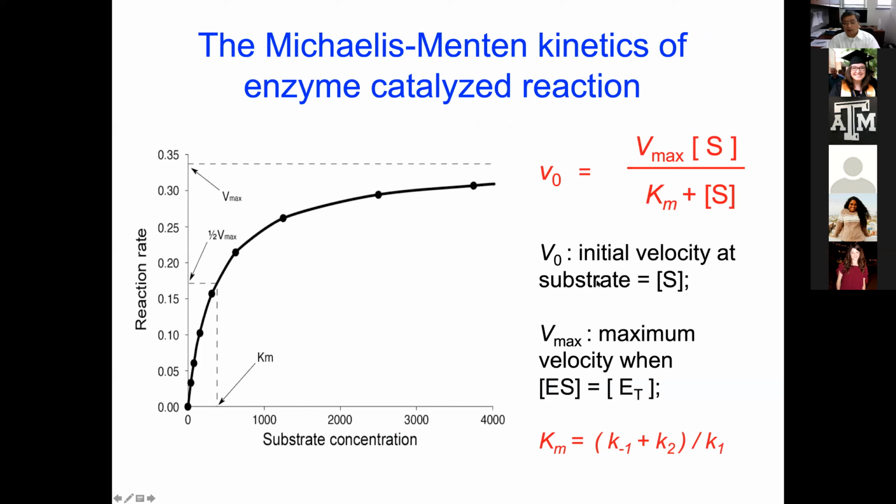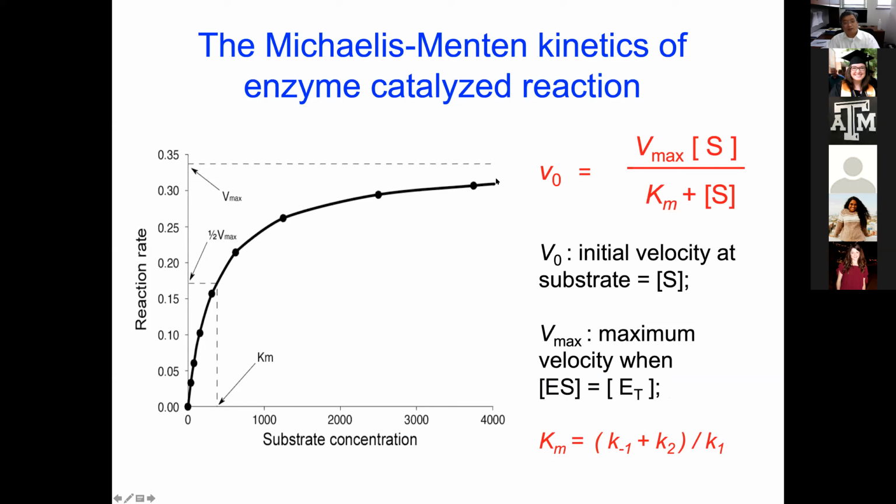Here V naught is the initial velocity of the reaction at substrate concentration S. Vmax is the maximal velocity of the reaction when ES equals ET, so every single enzyme is bound to a substrate.